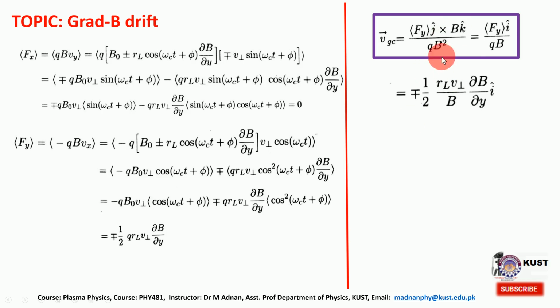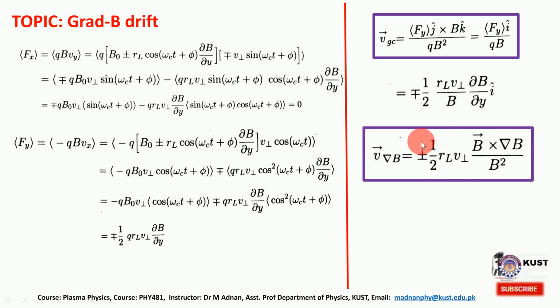Now we can find out the magnitude of the guiding center drift for this situation that we have discussed based on the geometry we have shown, and generally we can write in the 3D form for any geometry, that is, this will be equal to plus minus half Larmor radius v perp times B cross del B over B square, where this is the gradient.